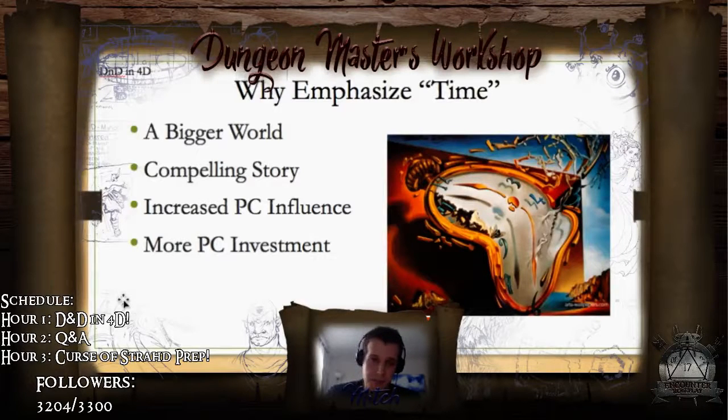So what's the value? On the one hand, it gives you a bigger world. Lots of GMs will map and plan their setting spatially, to exhaustive levels of detail. They've got continents and regions and topography and climate bands, a whole lot of detail put into the physical space. And they'll have a couple of ideas and paragraphs of major events within a chronology or timeline.